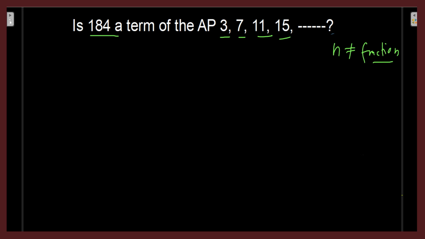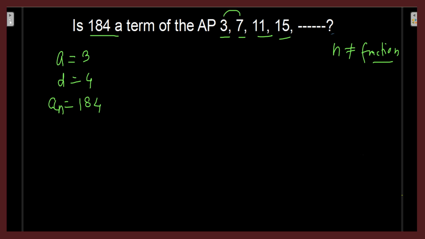So here first we will find n and check whether it is a fractional number or a whole number. So a is equal to 3. Common difference, that is second term minus first term, 7 minus 3, that is 4. And the last term, that is an, is equal to 184.